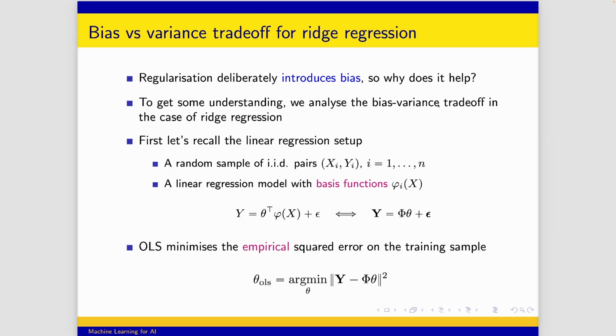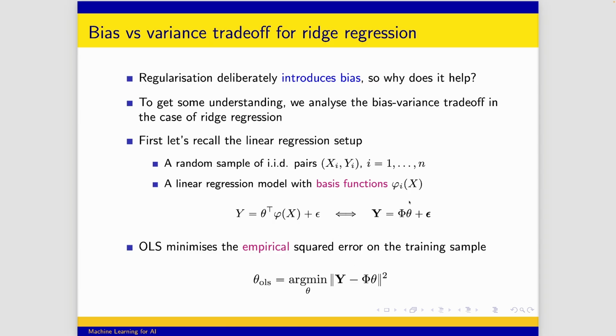Okay, so what do we do in ordinary least squares? Well, we minimize the empirical squared error. So based on our data set, these pairs here, so we have realizations of these, we minimize the square error between this and this prediction. So this design matrix times theta predicts y, because we assume that this error conditioned on phi has zero mean.